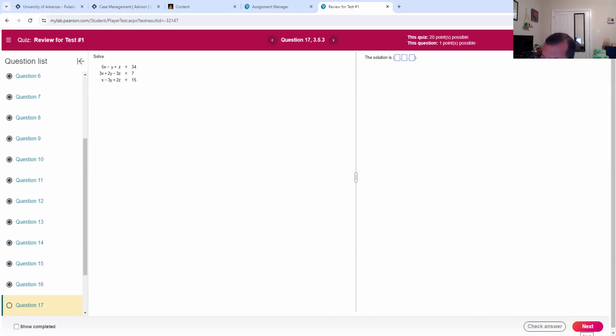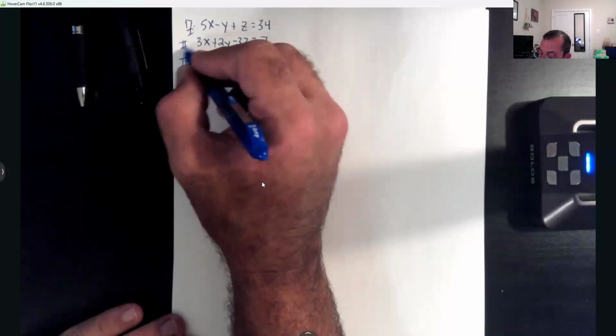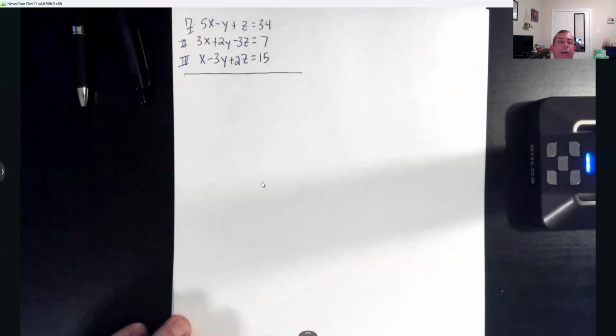And then I got x minus 3y plus 2z equals 15. All right, so remember I called these 1, 2, and 3, to keep up with our equations here. So this will be my equation 1, equation 2, equation 3.